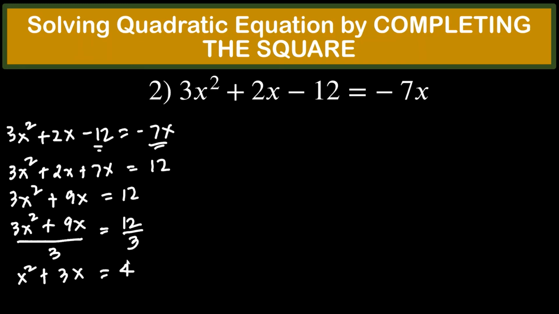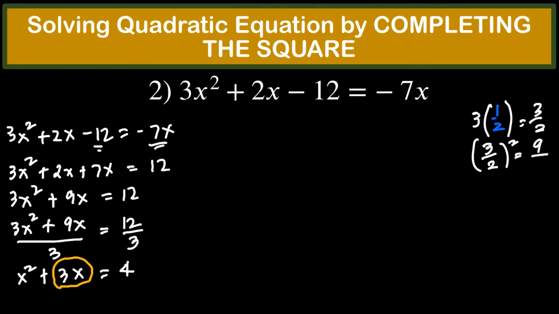Okay, the next thing that we need to do is to consider this term. The numerical coefficient of that term is simply 3. And then you're going to multiply 3 by 1/2, and that will give you 3 over 2. And then you square 3 over 2.